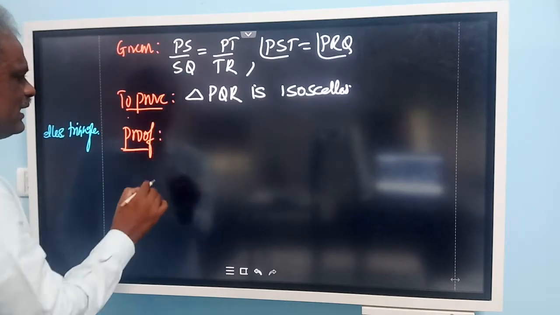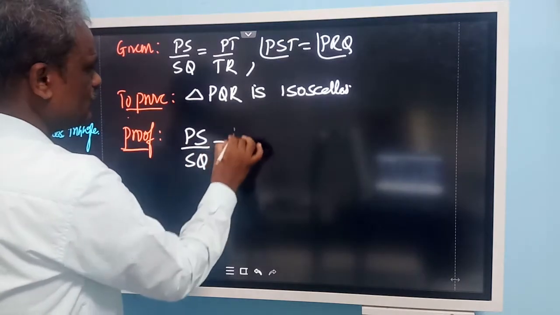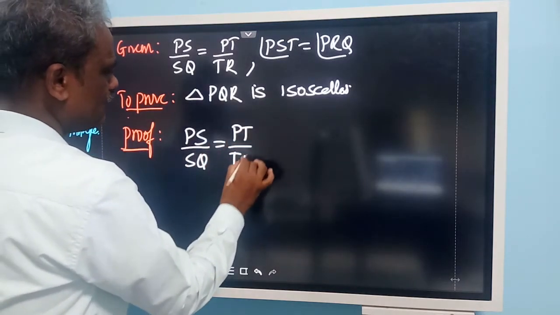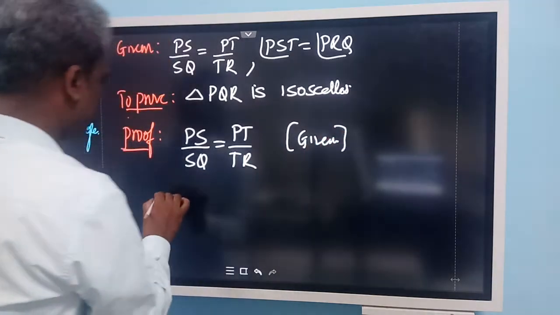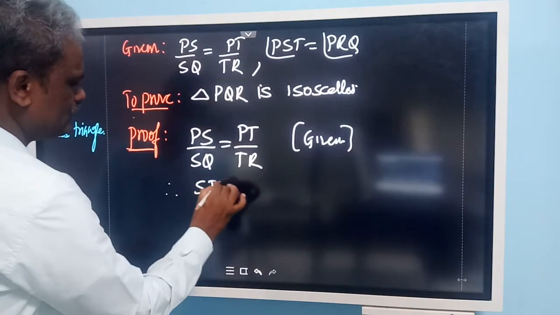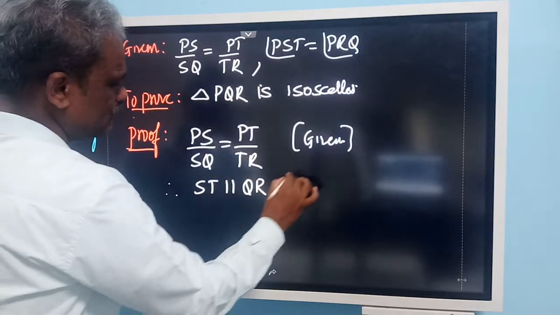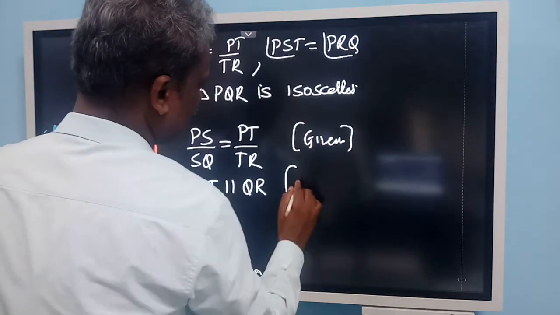So given PS by SQ is equal to PT by TR, therefore I can write ST parallel to QR, by converse of Thales theorem.